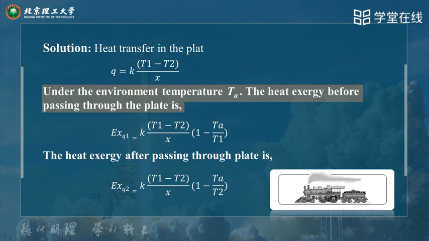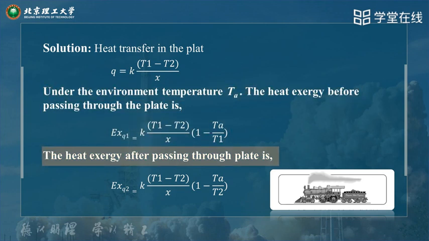At surface 1, EXQ1 equals K, the conductivity, times (T1 minus T2) over X, which is the small q, times the Carnot ratio, 1 minus TA over T1. The heat exergy after passing the plate has some change.